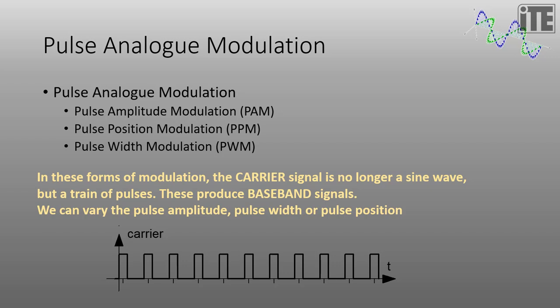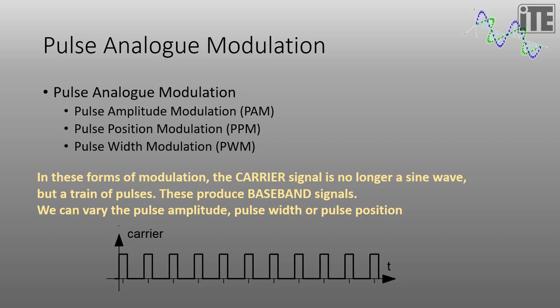Now these forms of modulation produce baseband signals. These can be used to transmit signals over a wire, or they can be multiplied by another carrier signal to be used, say, in optic fibre systems or infrared systems.